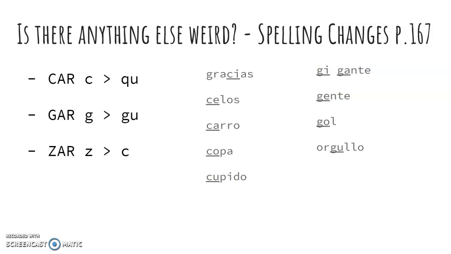So if it's followed by A, O, or U, it makes the hard G sound. If we're adding an E after that, it would make that soft G sound that sounds like H, right? So we want to add that extra U that'll end up being silent, to keep that hard G sound. Now with Z to C, it doesn't really make a change in the way that it's pronounced. It's just that you don't see that ZE combination in Spanish.